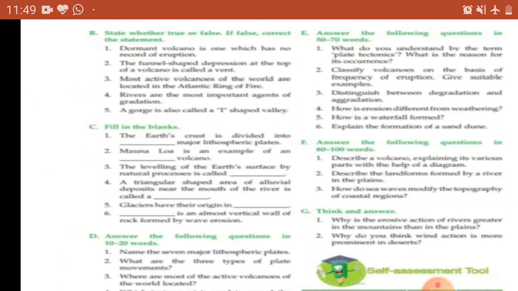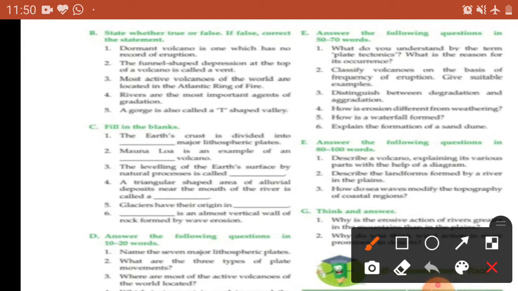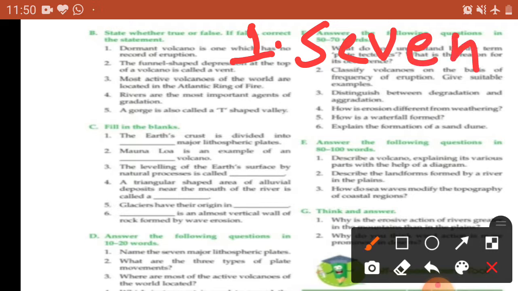Now let's move to fill in the blanks, question number C. In the first question we have, the earth's crust is divided into dash major lithospheric plates, and its answer will be 7. Now second, Mauna Loa is an example of an dash volcano, and it will be active.